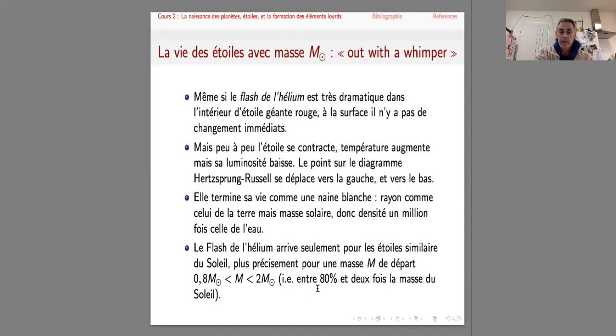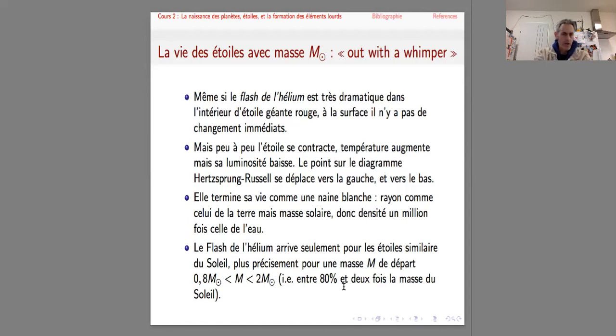So if the initial mass of the star is less than 80% of the sun's mass, then you do not have enough pressure in the central core to obtain this 100 million Kelvin to kick off the triple alpha process of converting helium to carbon.